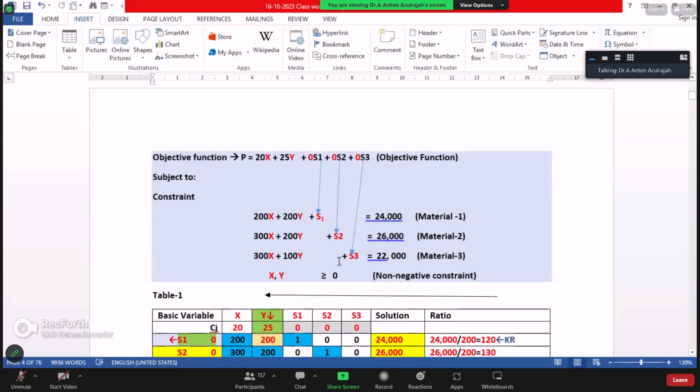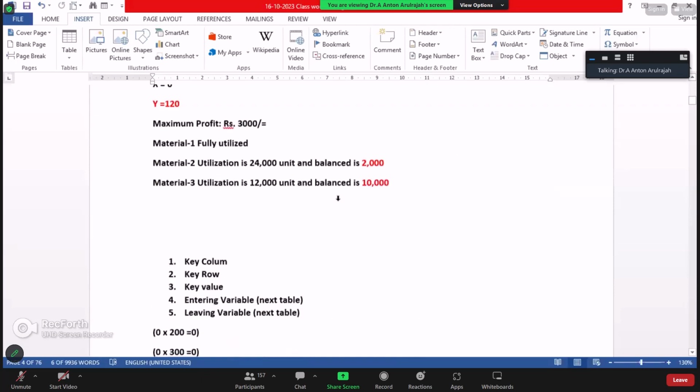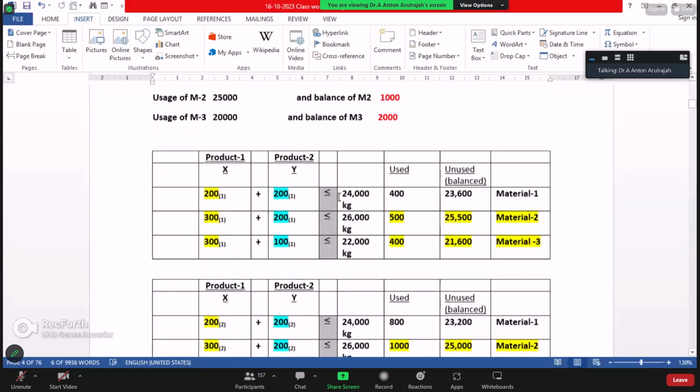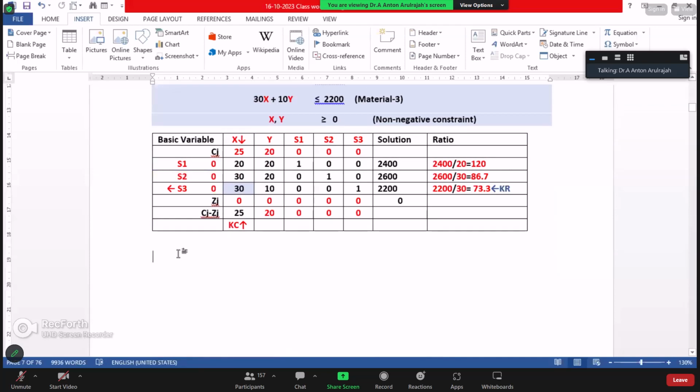Adding S1, S2, S3 as slack variables, and also incorporating those zero profits into the objective function, that also you have to do. Right. So now we will move into the second table, table number 2.